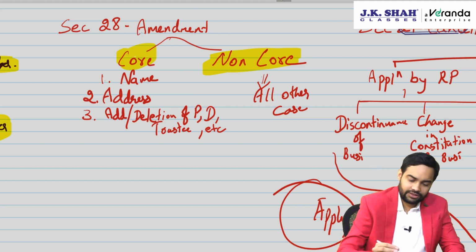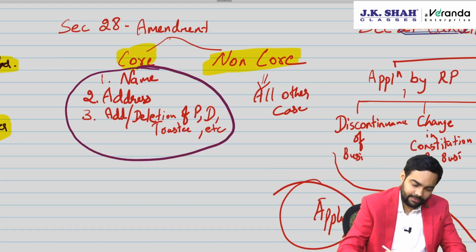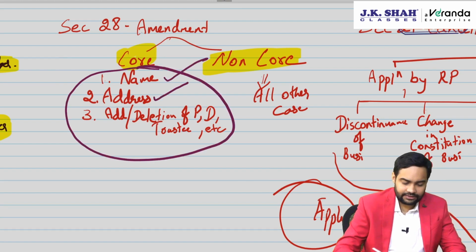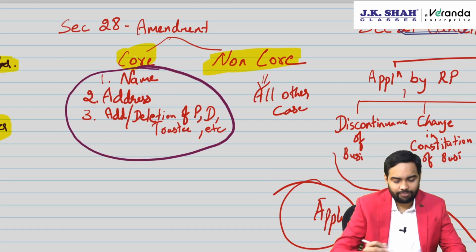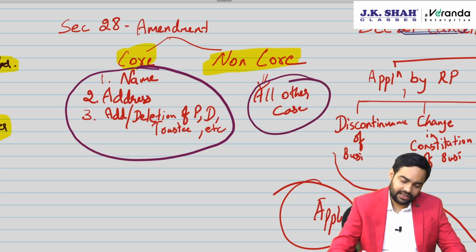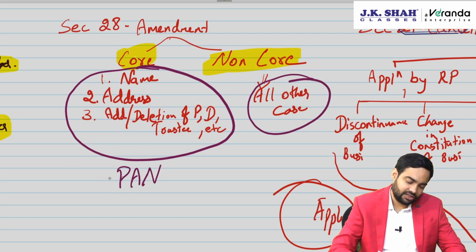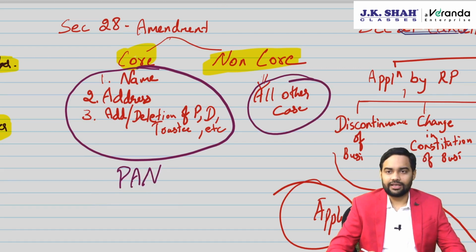Now, which are core areas? 3 areas are considered as core: name, address, addition or deletion of partner, director, trustee. All these areas are considered as core areas. All other areas are considered as non-core areas. Non-core areas, direct approval happens. Change in PAN is not an amendment. It will lead to cancellation and you have to take a new registration.